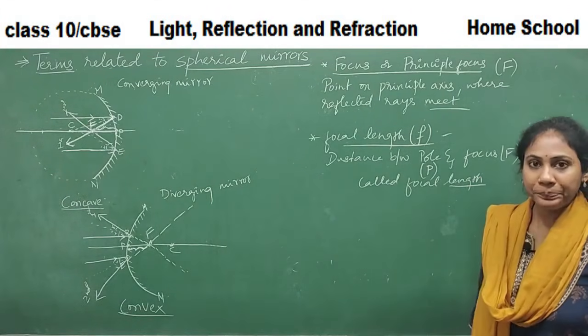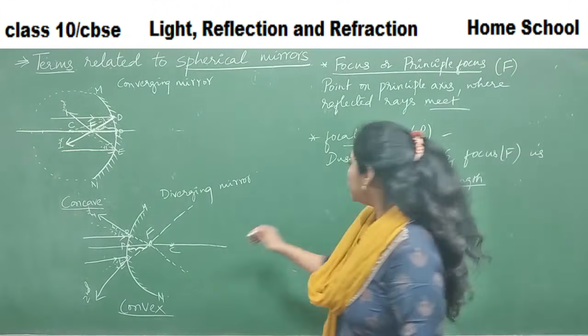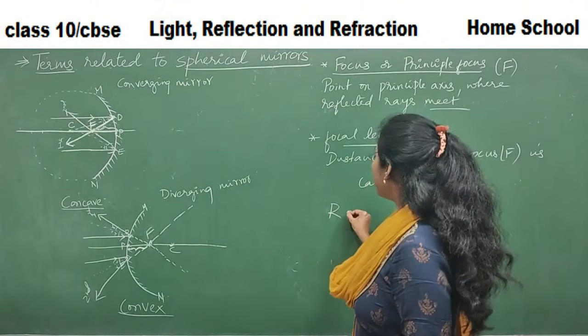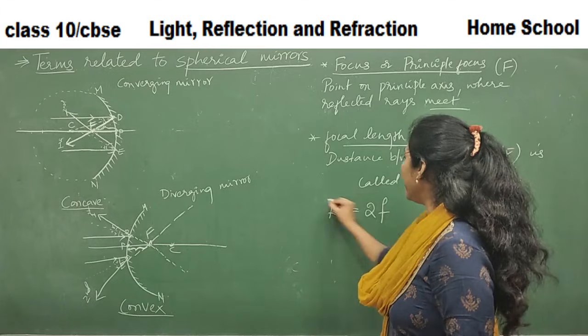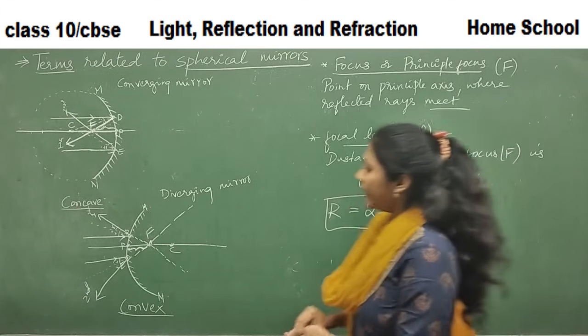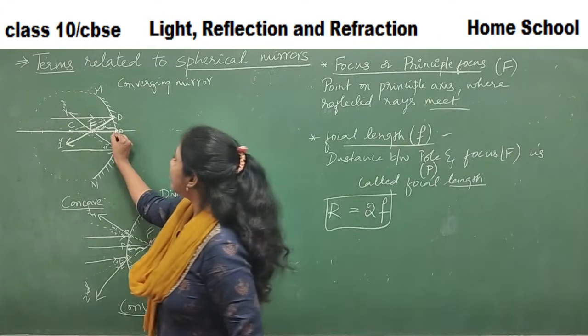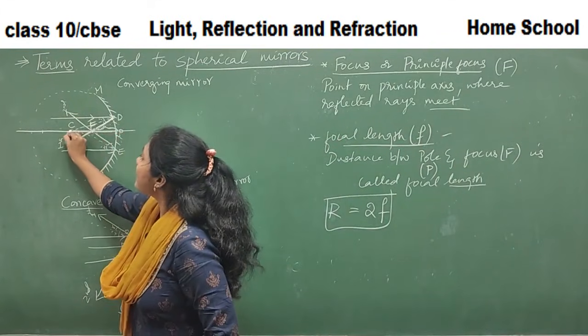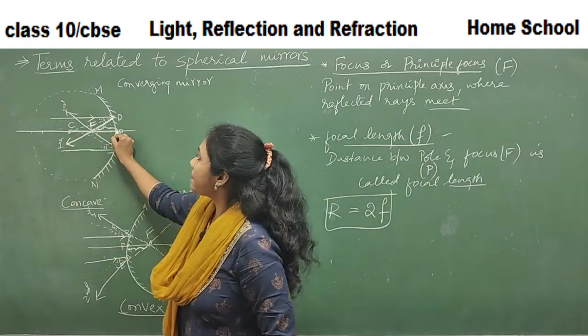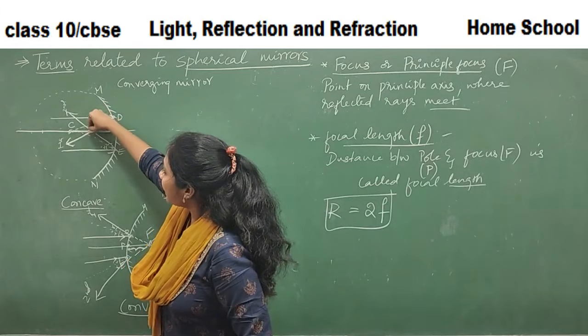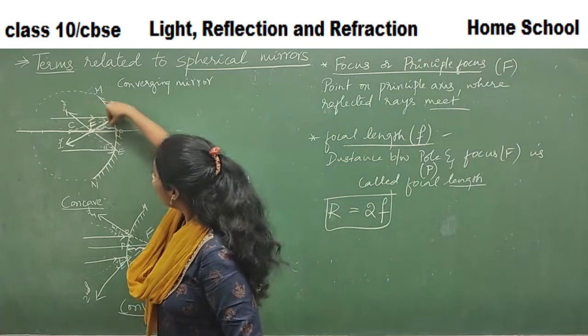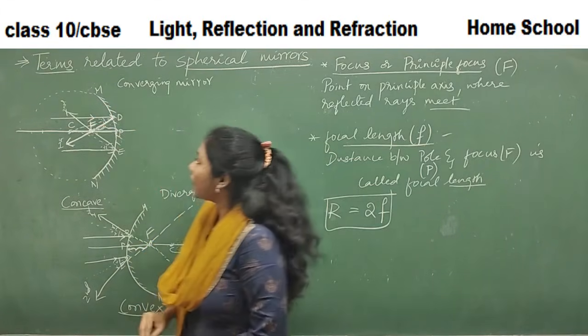Clear, everybody? See here, actually radius of curvature is equal to 2 times the focal length. Yes or no? Exactly, you see, the distance between the pole and center of curvature is the radius. Principal focus is the point exactly in between the pole and center of curvature.